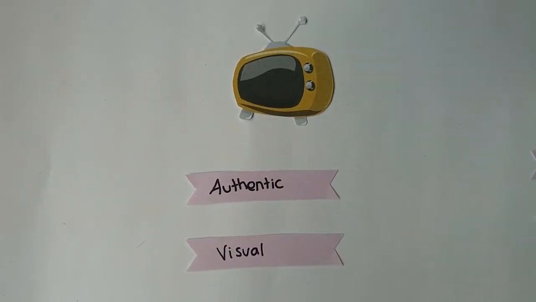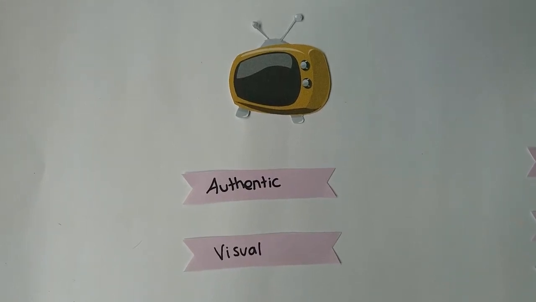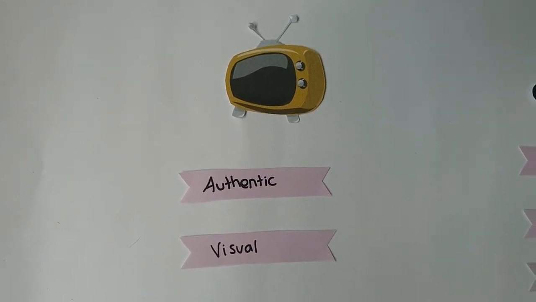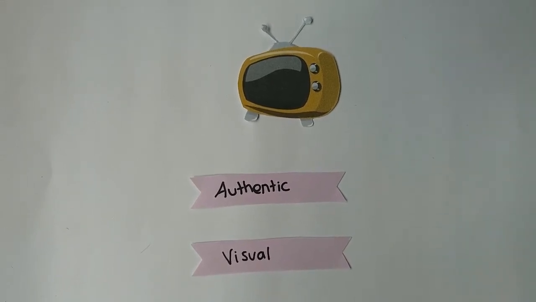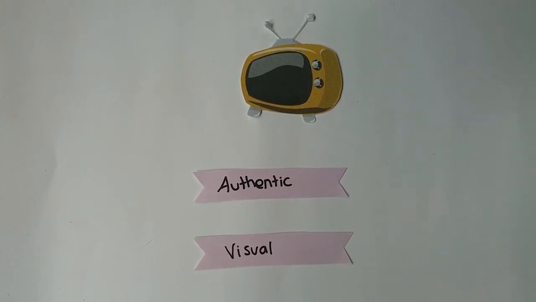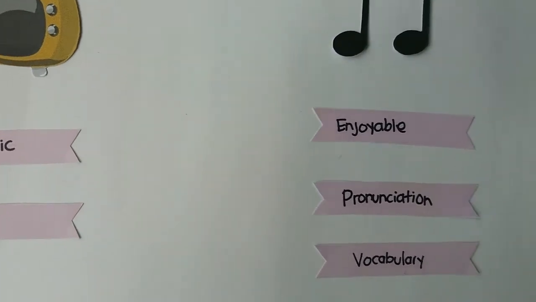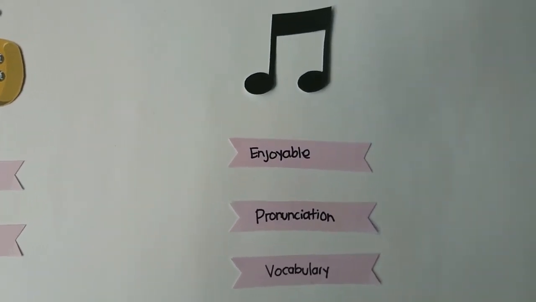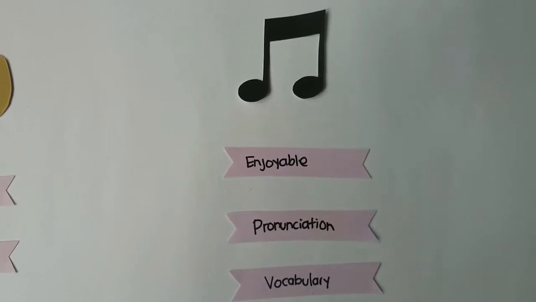Other tools are television, video, and DVD, whose material is frequently authentic, with real-world information, and it provides the visual aspect. Being able to see the speakers and their context and body language is a huge advantage to listeners. Songs can be enjoyable, memorable, and stimulating for the students, since they choose the content.